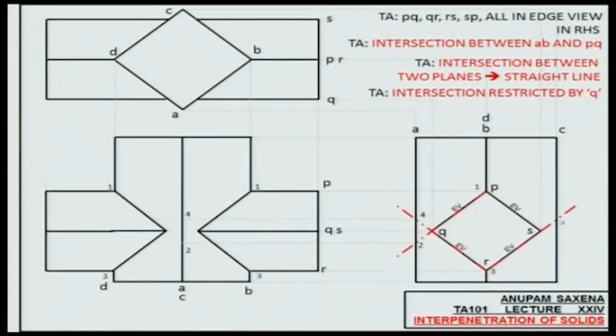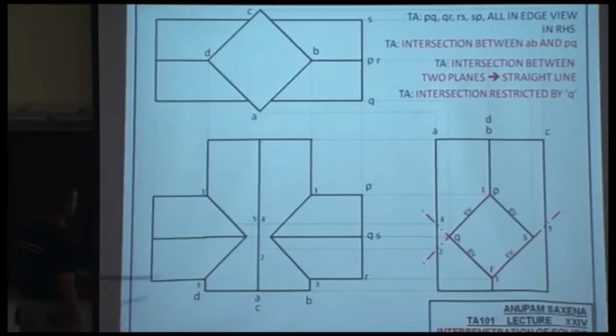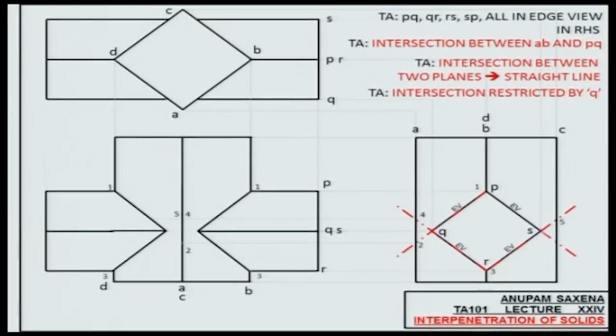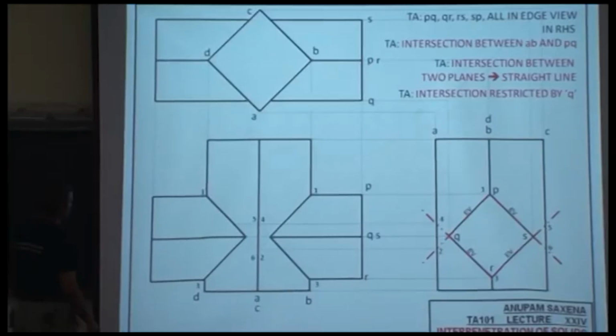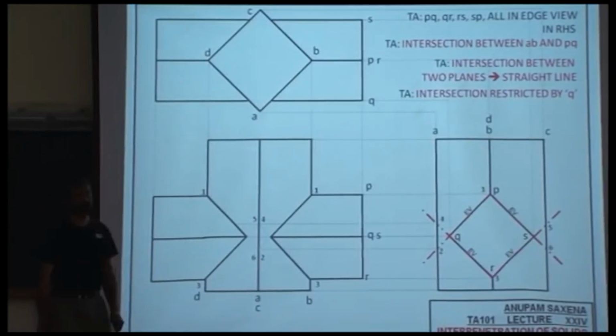RS, point number 5. Project that, point number 4 and 5 will essentially be here at the same point. PQ, extend that, get the pseudo intersection point number 6, project that, your point number 6 will be here. Okay? Relatively simpler example.